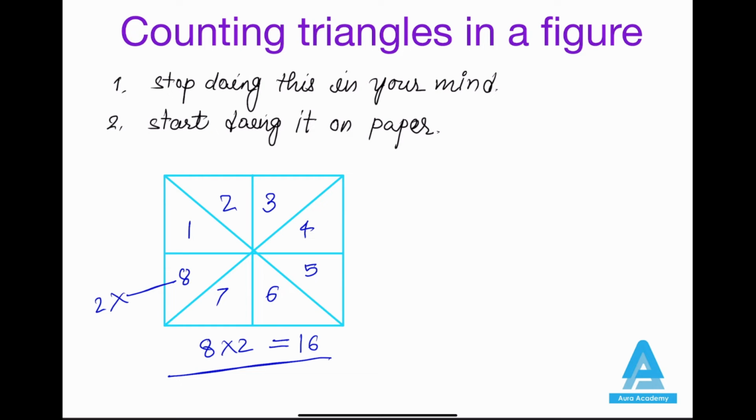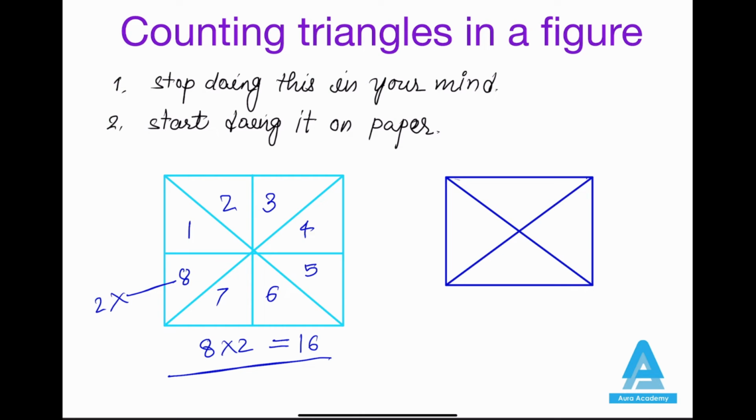In our previous question, it was like this, right? So 1, 2, 3, 4. 4 multiplied by 2 is equal to 8, right? This took 7 seconds.